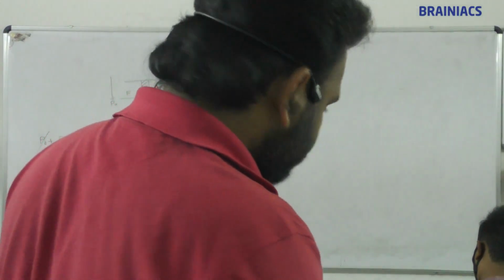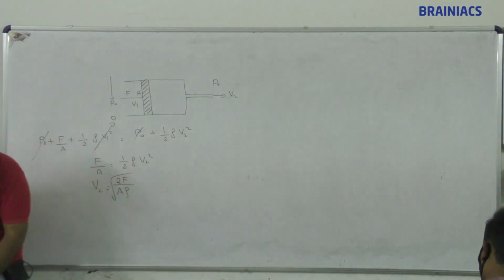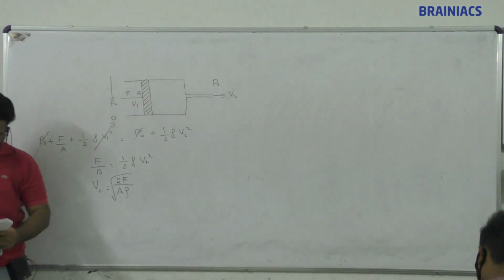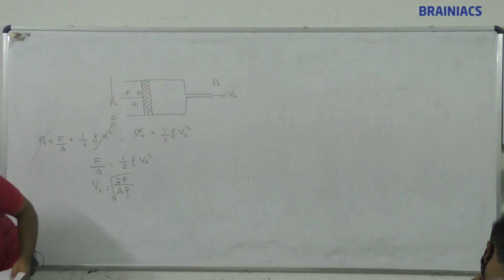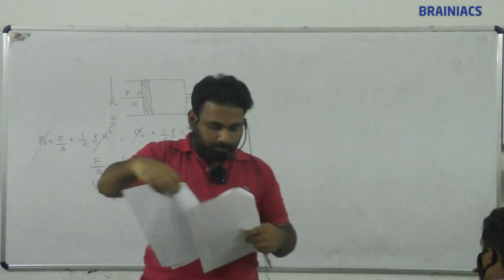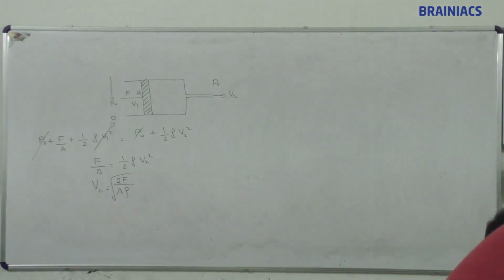I will tell you now. Clear this one? Density is equal to mass by volume, mass by area into height.